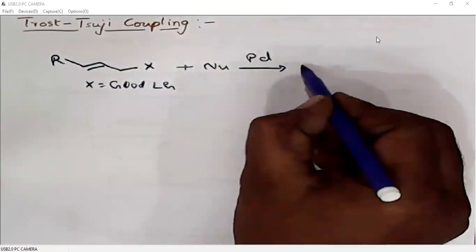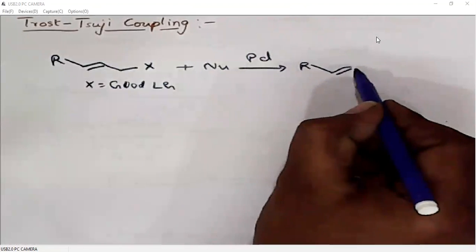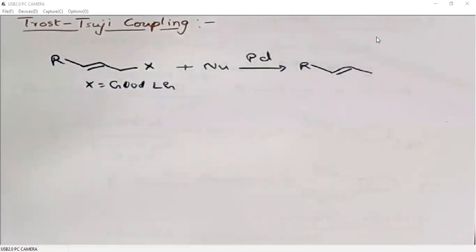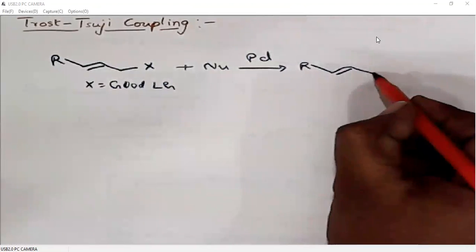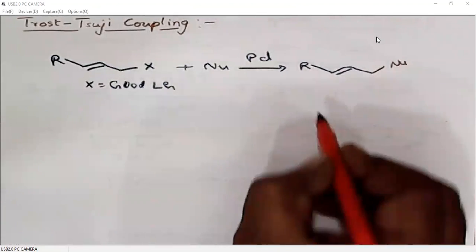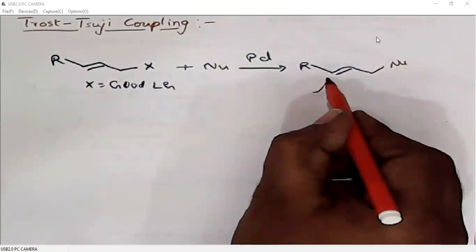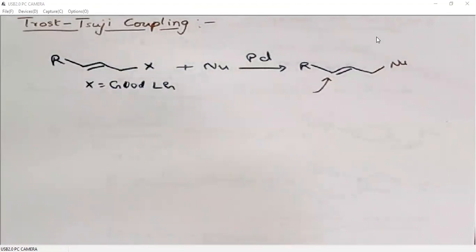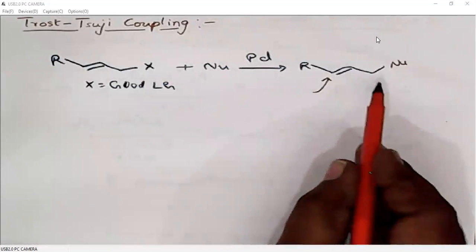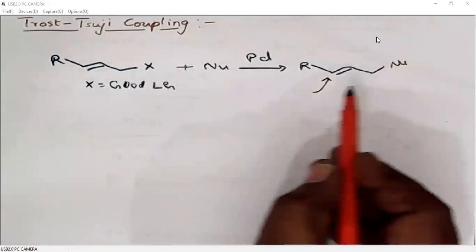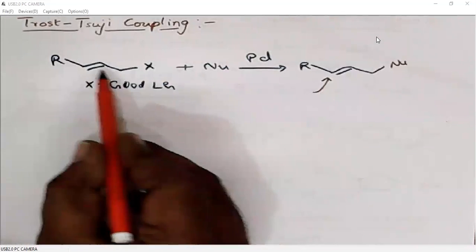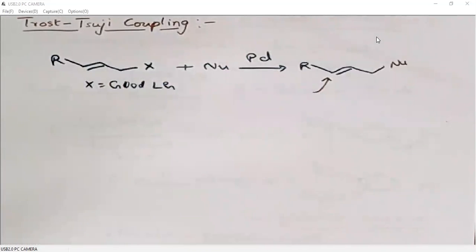So the product will be the nucleophile coupled. There is also a possibility that the nucleophile may couple here, because the allylic system will be involved in resonance. So the nucleophile may couple here or here.